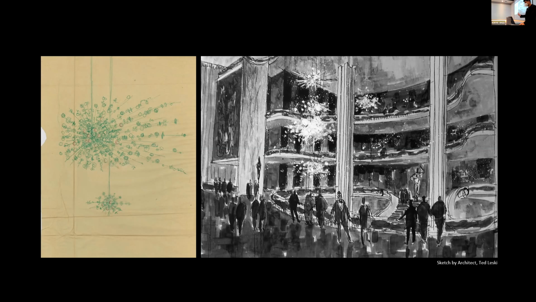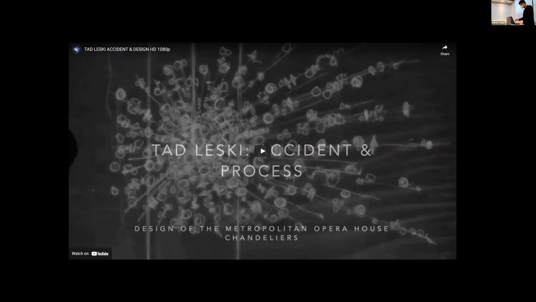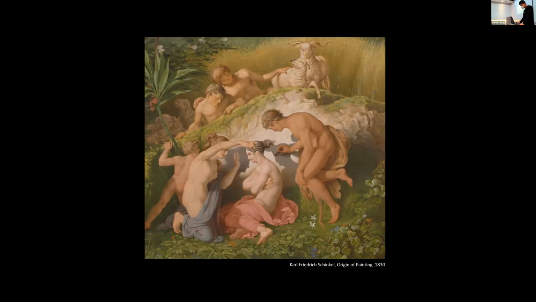The way this architect did it was to quickly draw a few more dots, and then connect those dots to make a quick design. In the end, the client really liked it. It became a new design for the opera house, because this is a kind of chandelier they had never seen before. But this could not have existed if that accident didn't happen. So it's from an unexpected direction, the imagination.